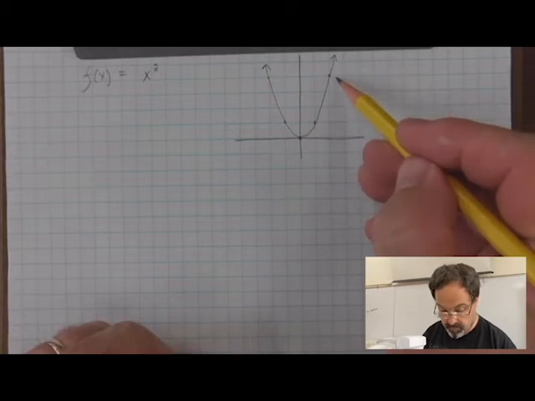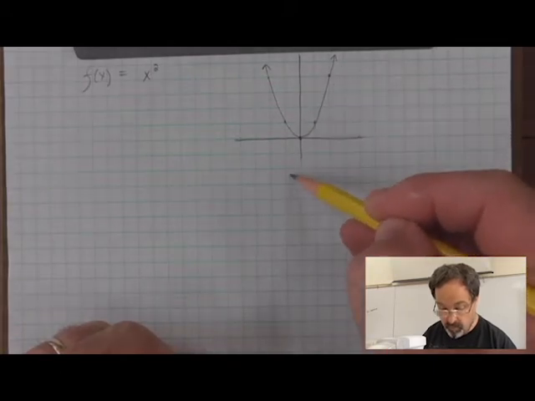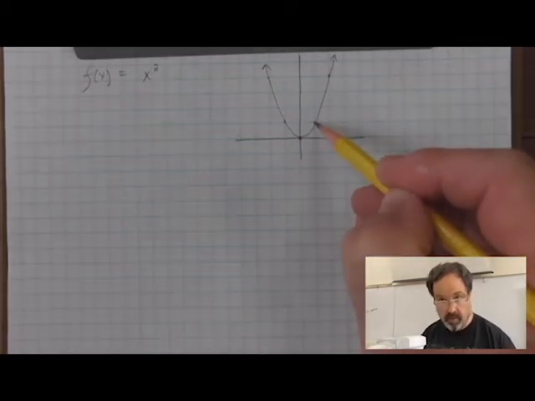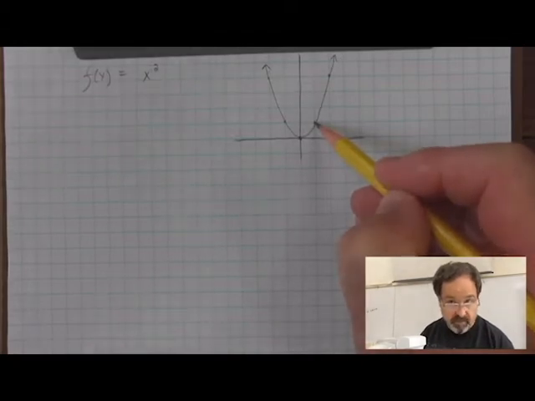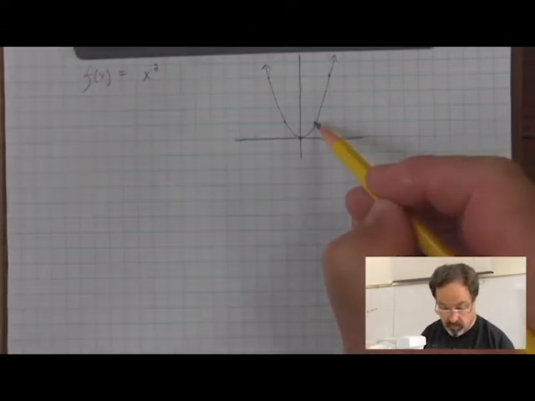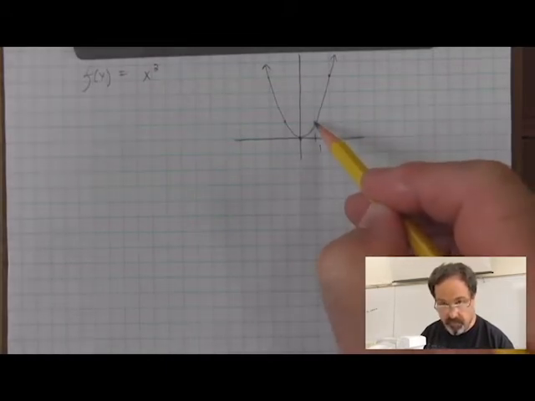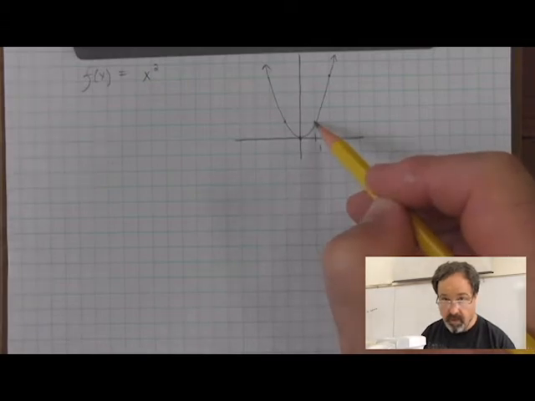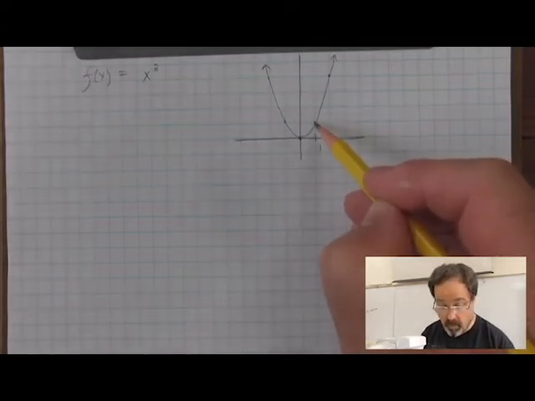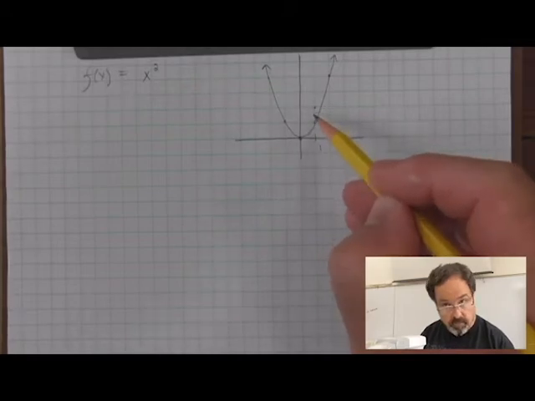If we could visualize a tangent line grazing the curve at 1, and then we were able to find the slope of that tangent line, it would be 2. So at x is equal to 1, the value of the function is 1, and the value of the slope of the tangent line at 1 is 2.